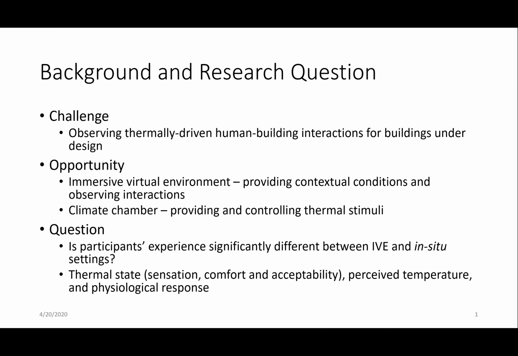So in this case, we find that if we combine a virtual environment and a climate chamber, that might be a good approach. So that's an opportunity there. But the question is whether the user experience is different. So we use three different parameters to measure user experience. We call it thermostat, but really we refer to sensation, comfort, and acceptability.